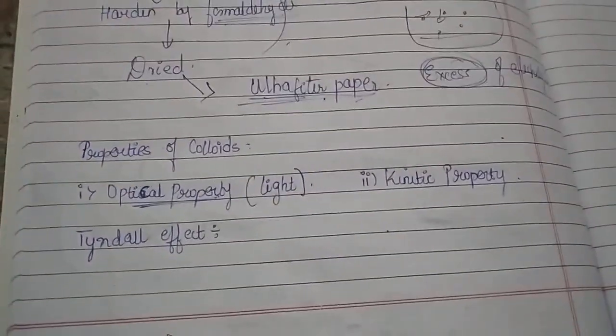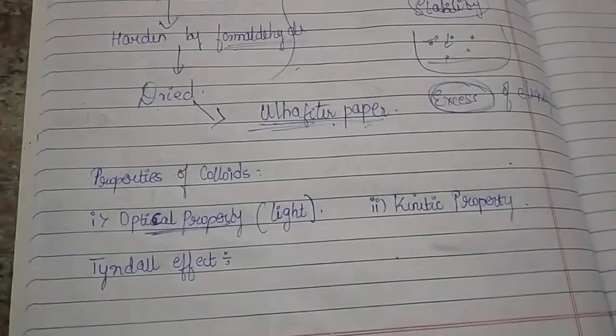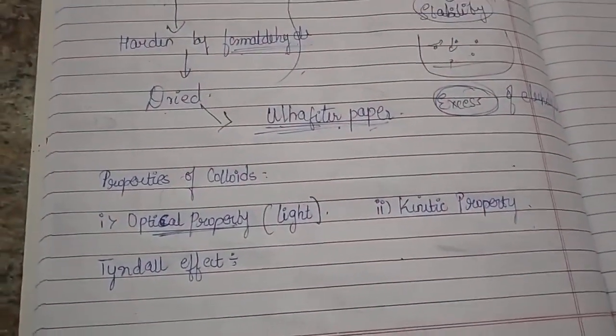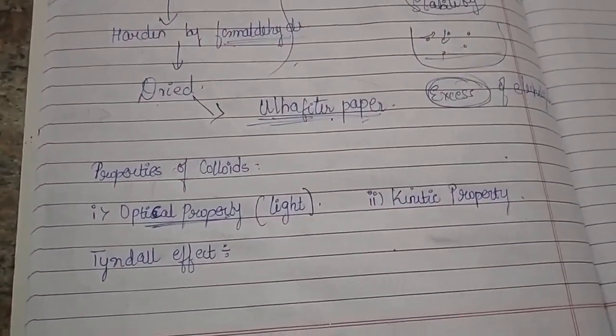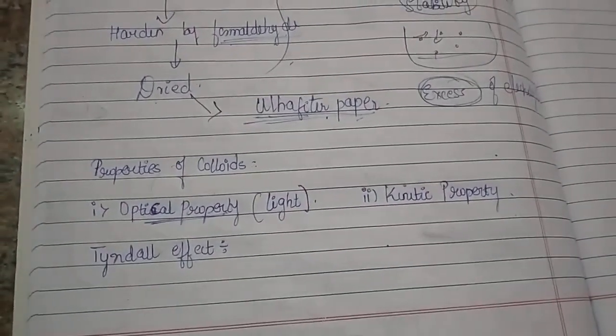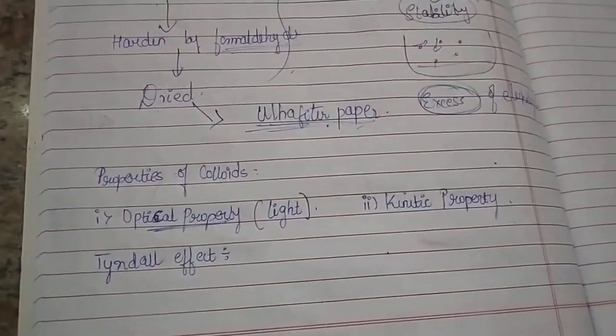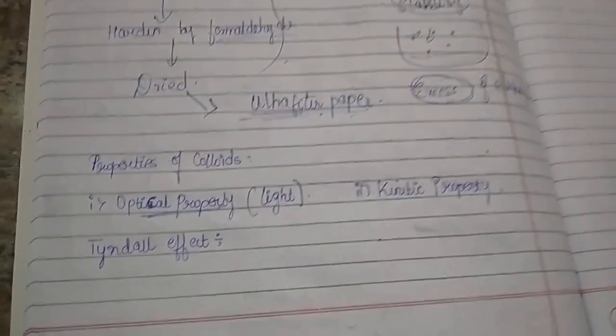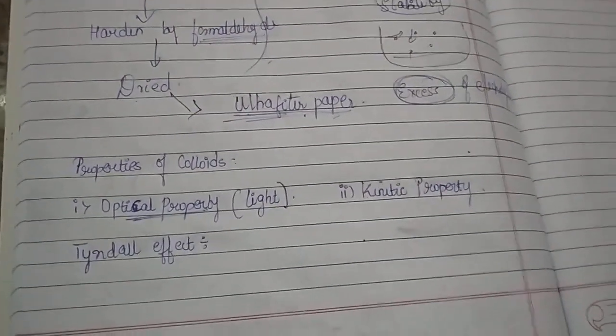I'm waiting for your answer. Yes, we can see the path of the projector light. Very good, you have a keen observation. Not only are you seeing the movie, you're even seeing the path. Those who have not noticed it, once the coronavirus situation is over, you can go to the theater and observe it.